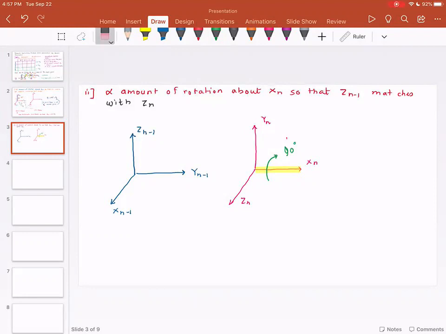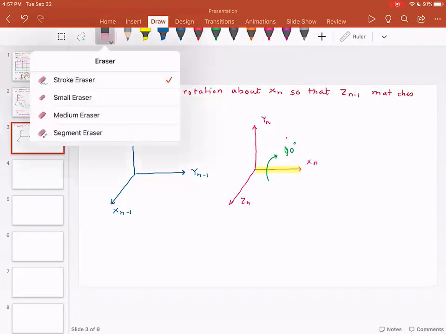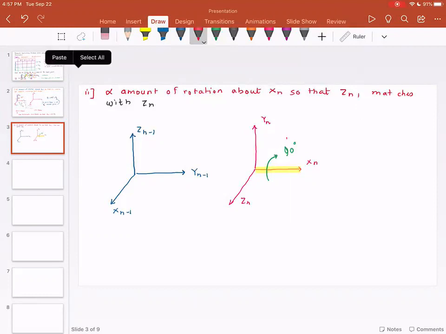This is super important, and I want you to be very careful about it, because these rotations could be confusing. So now here it is 90 degrees. When we rotate 90 degrees, Zn gets aligned with Zn minus 1.